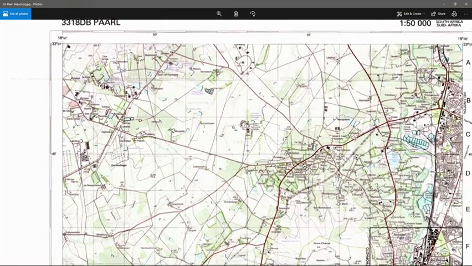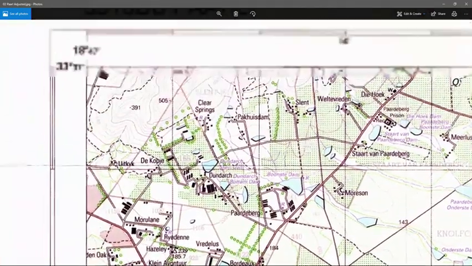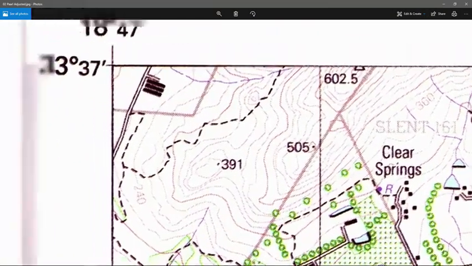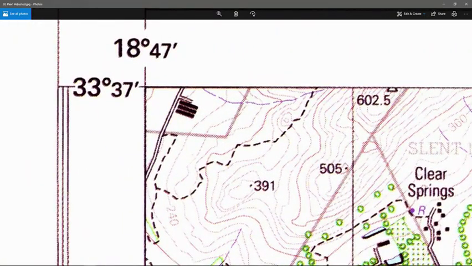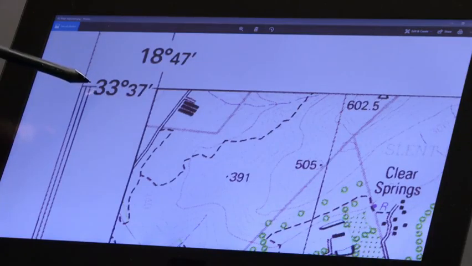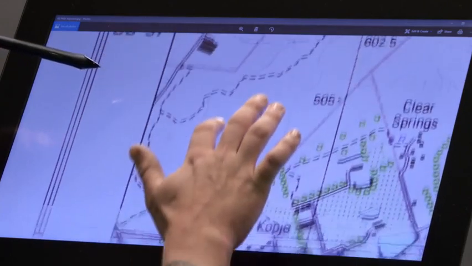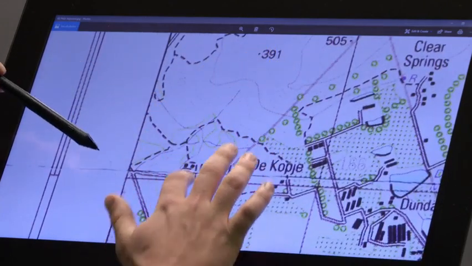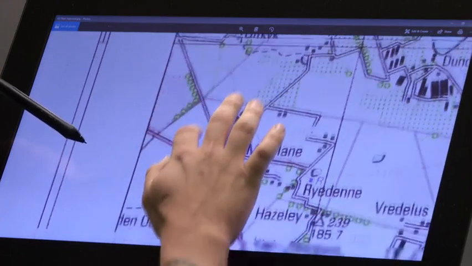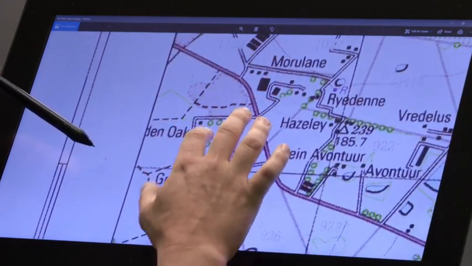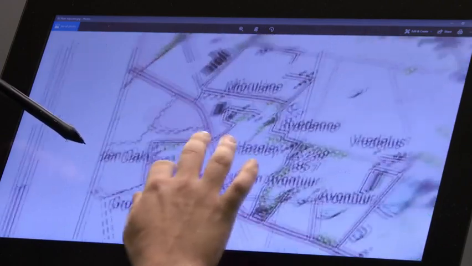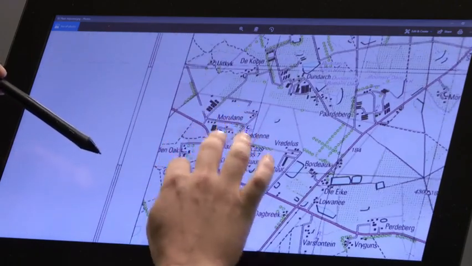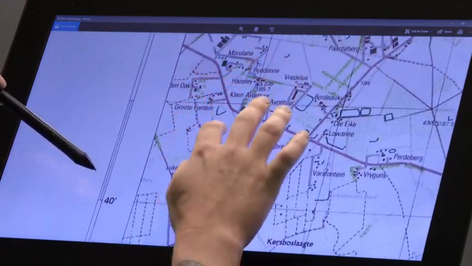Now let's just quickly go and have a look at the map over here. Now as you can see, on the map, over here is your line of latitude, 33 degrees 37 minutes. There's going to be 38 minutes, 39 minutes, and there's 40 minutes.